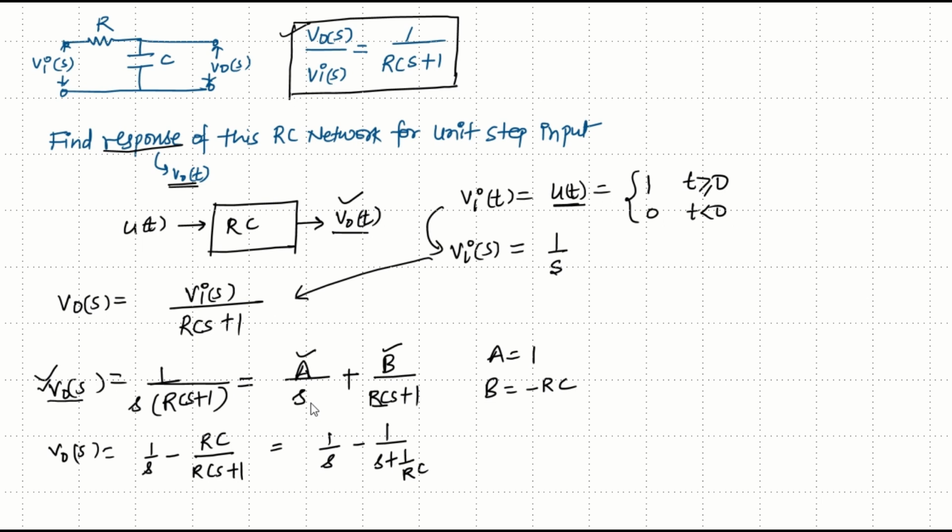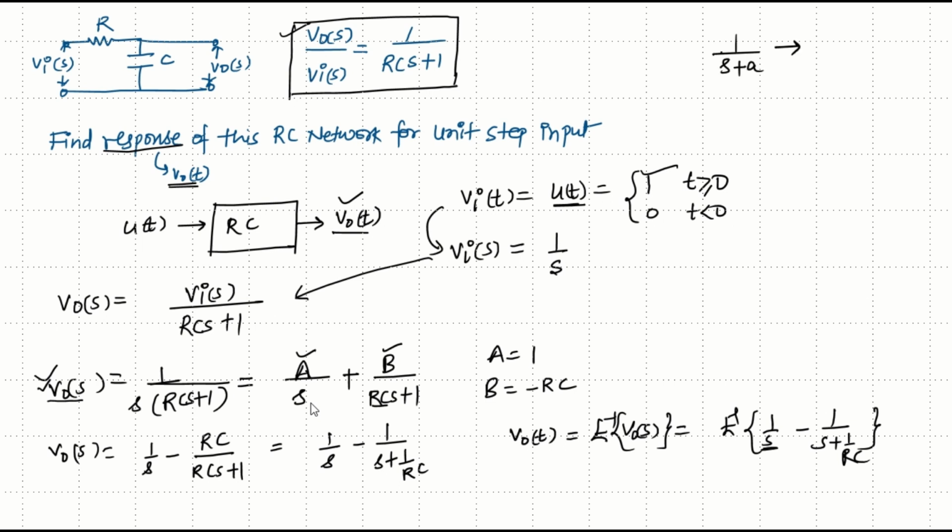Okay, so what is V0(t)? In this case V0(t) is the inverse Laplace of V0(s). So this is the inverse Laplace of 1 by s minus 1 upon s plus 1 by RC. The inverse Laplace of 1 by s is u(t), which is 1, and we know that the inverse Laplace of 1 upon s plus a is e raised to power minus at.